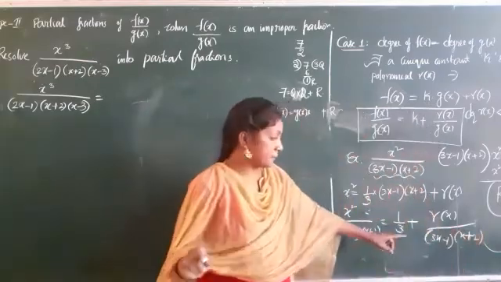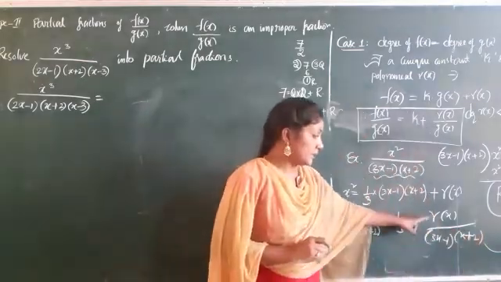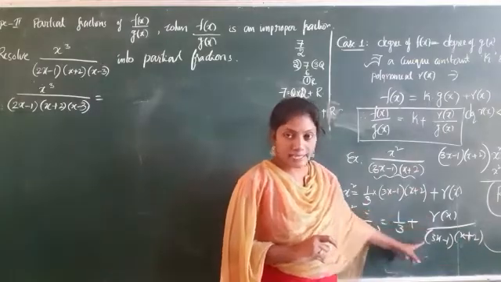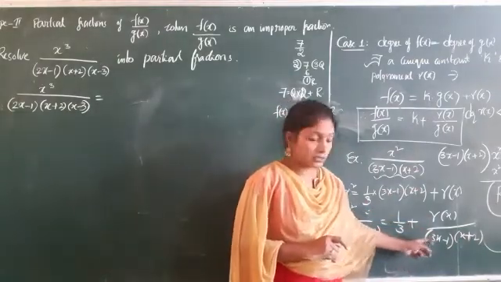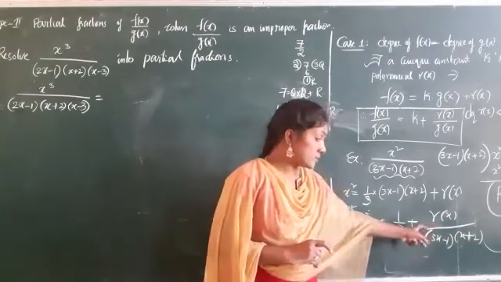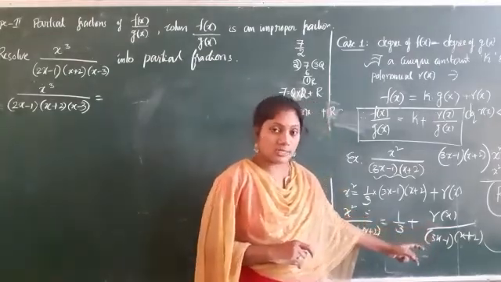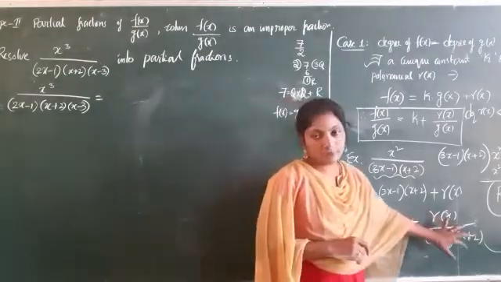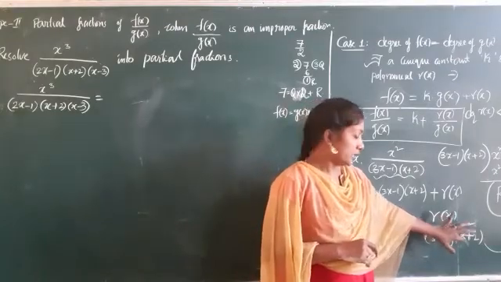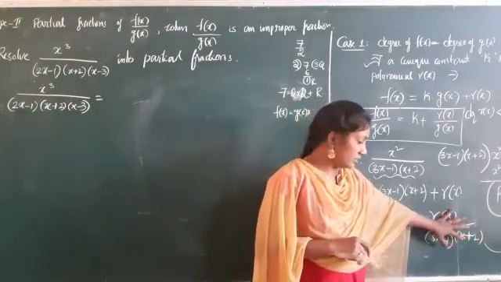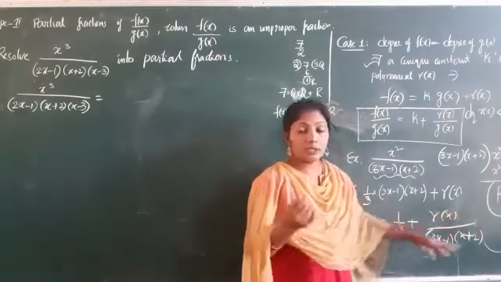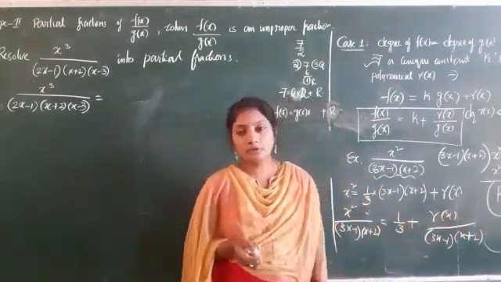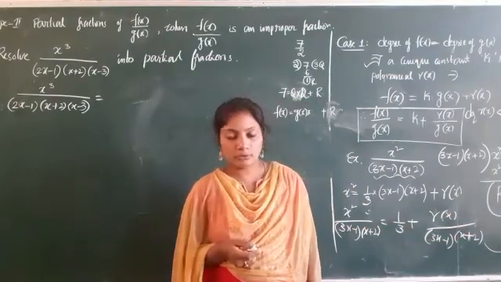In this example, the degree of r of x is definitely less than 2, and the degree of the denominator is 2. So is this a proper fraction or not? Yes, absolutely it is a proper fraction. When you divide, you are supposed to get a proper fraction. Then you can apply any rule: rule 1, rule 2, rule 3 and rule 4.